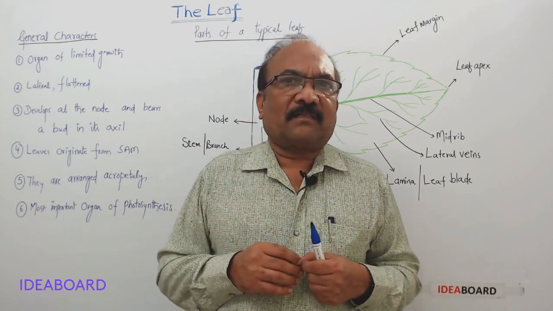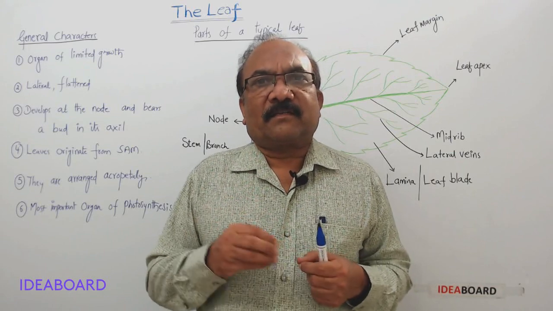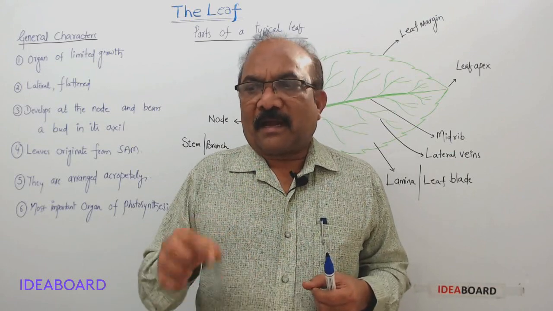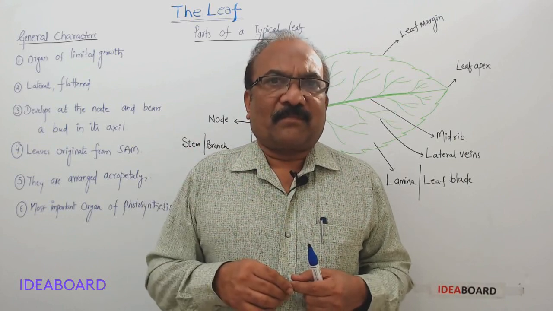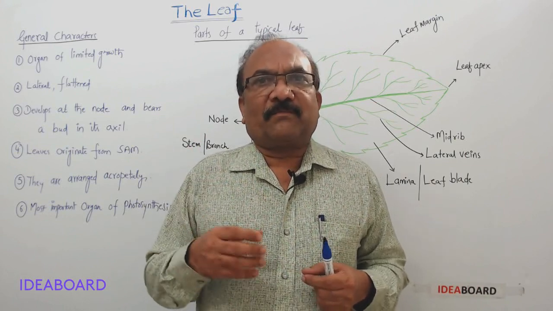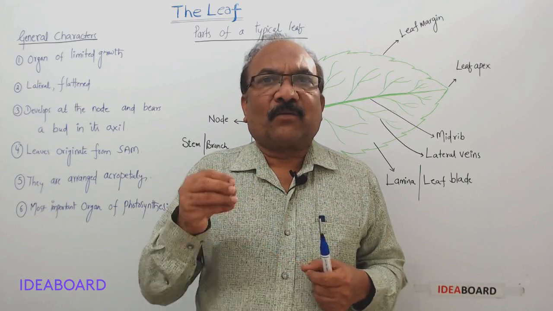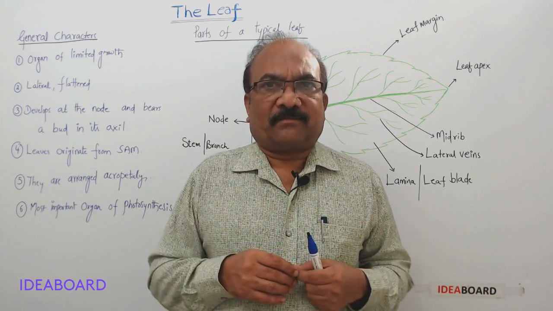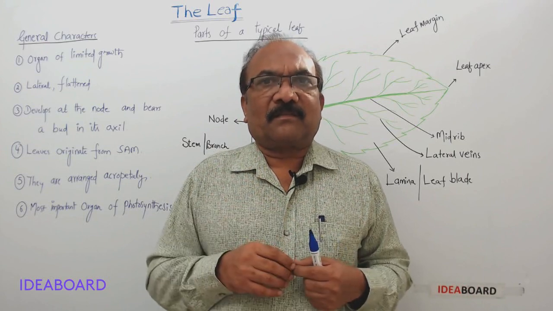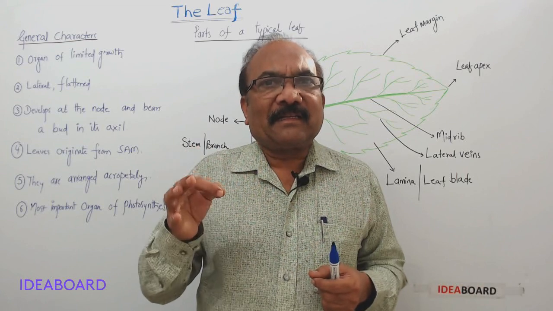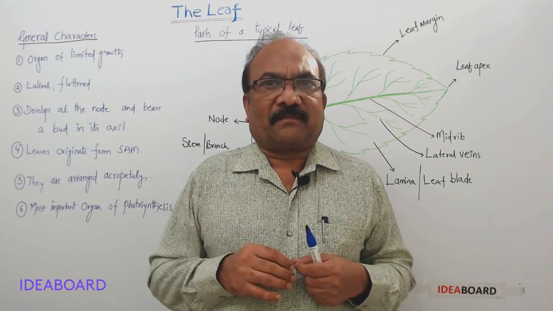What are those organs that exhibit this continuous growth? Root and stem. So the root and stem will grow continuously throughout the life of the plant, till the death of the plant.